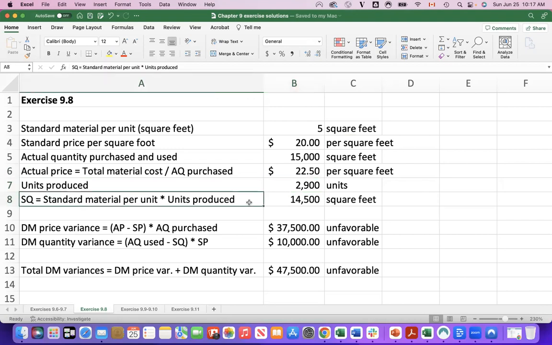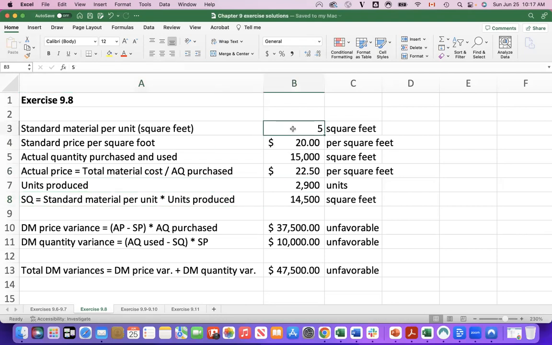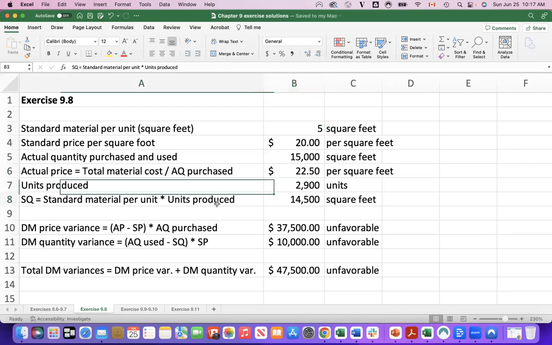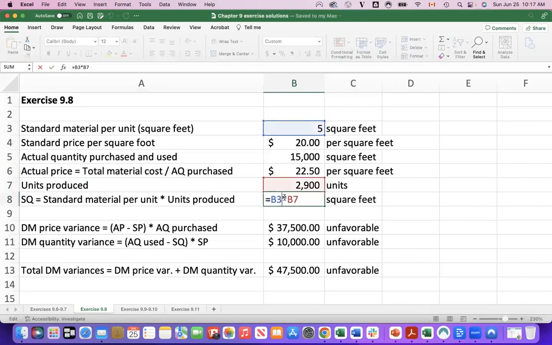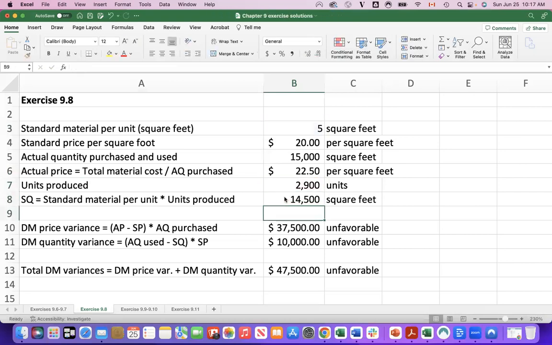How we calculate that: it's the standard material per unit, which is 5 square feet per unit, multiplied by the units produced, which in this case was 2,900 units. We multiply those two together, and you can see the formula there. We would have expected to use 14,500 square feet at this volume. So we'll get into that when we get to the quantity variance.